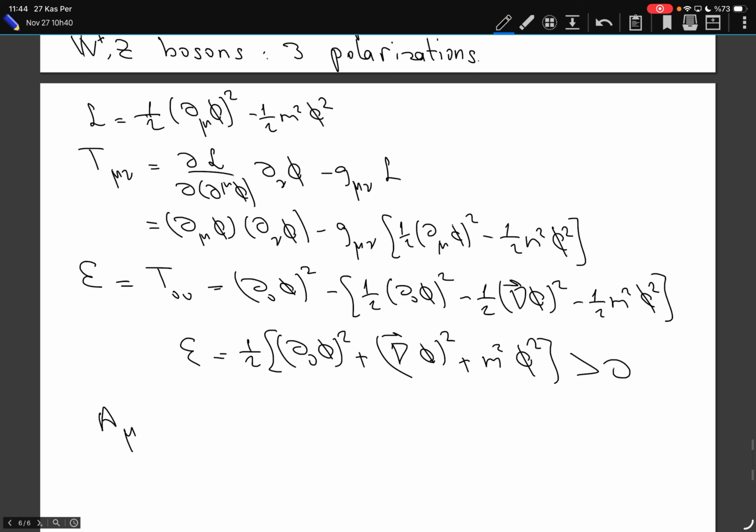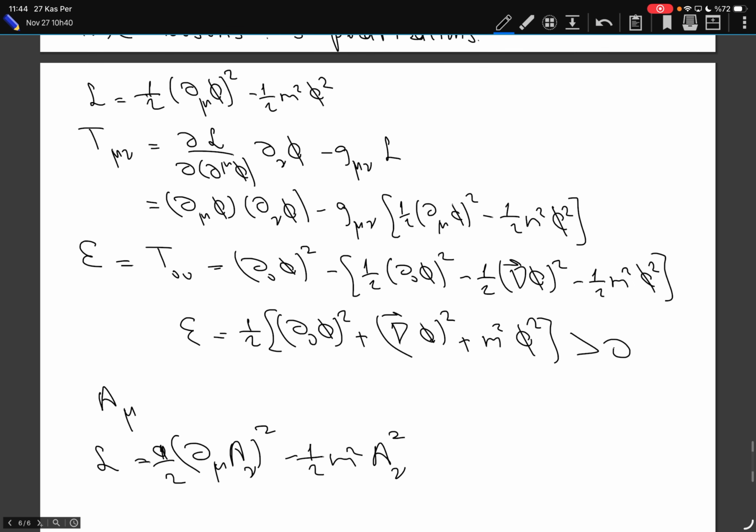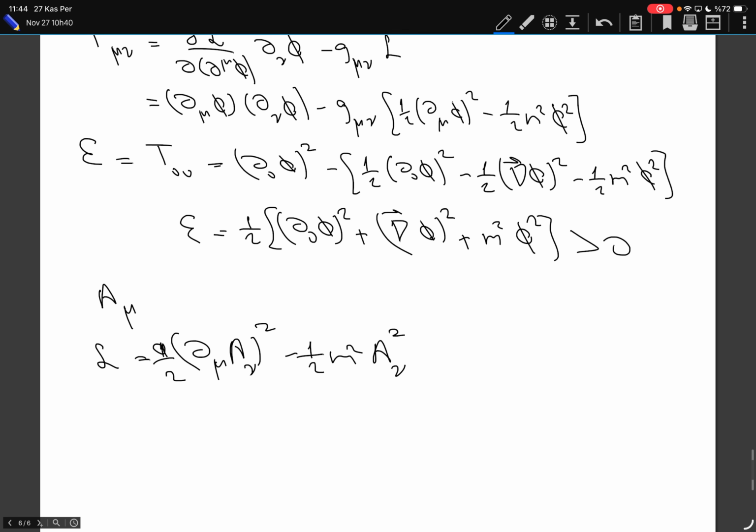Well, I should have 4 of them. For each component, I can imagine writing down the corresponding Lagrangian, 1 over 2 del mu A nu squared minus 1 over 2 m squared A nu squared. Okay, this is our first attempt, let's say. I can even put some arbitrary constant in one of them to be determined later on.